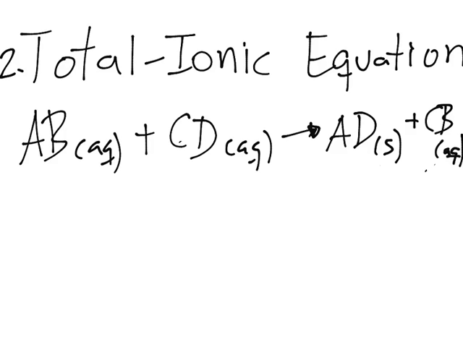The way you would write its total ionic equation is, as I said before, if it's aqueous, you separate it into its ions. So you'll have A plus aqueous plus B minus aqueous.